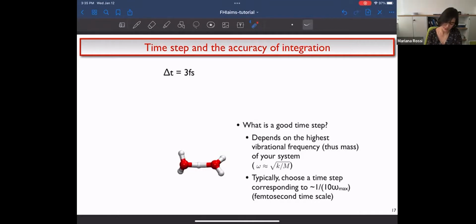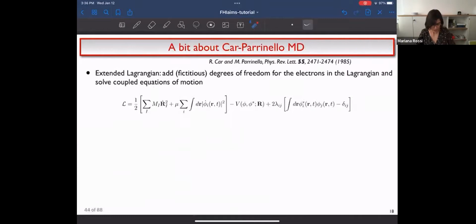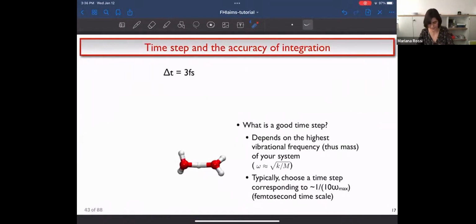And then you typically choose a time step corresponding to 1/10 omega max to evolve your system. So for example, for this system, you have to choose a time step of 1 femtosecond or below, because the period of vibration of the highest frequency of vibration is around 10 femtoseconds. Yeah. So that is it. And this is how you do Born-Oppenheimer molecular dynamics.